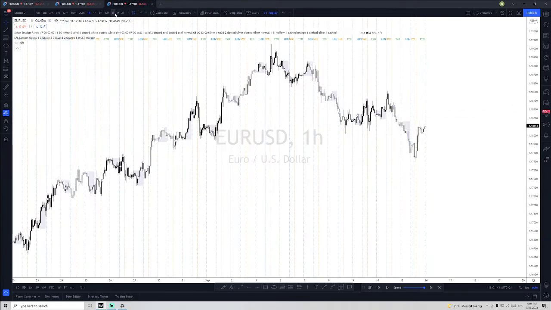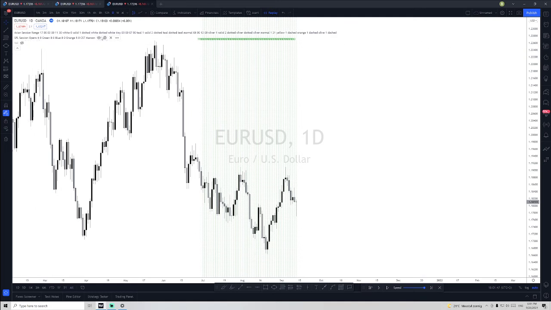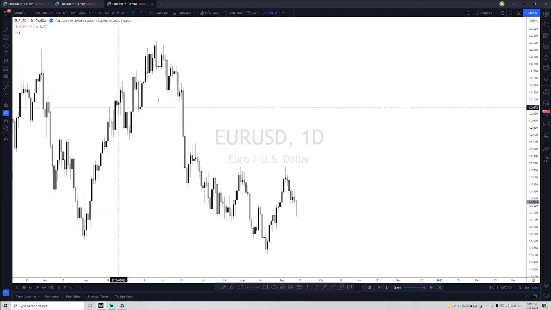So first things first, we check out what the daily chart is telling us. The concept that we are applying here is supply and demand, and then lower time frame entries. Basically, adding up the strategy, or the concept, that we use in the lower time frames as well.